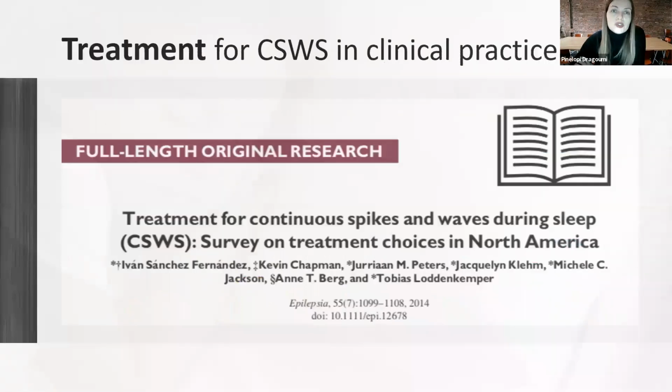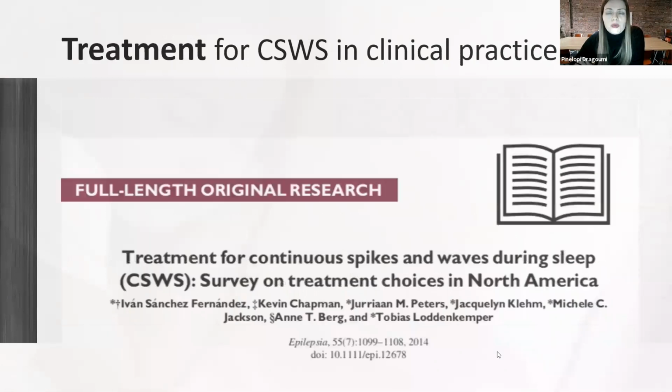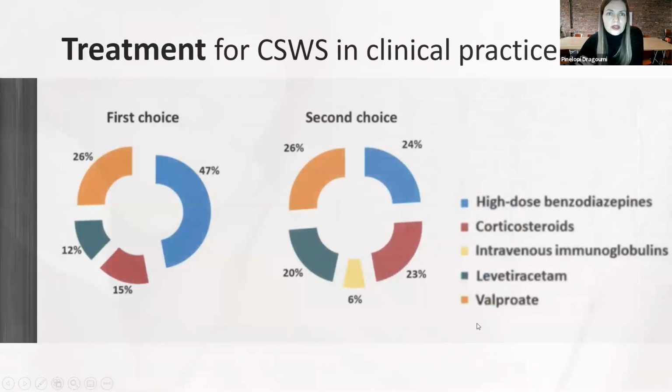How do we try to treat SS in clinical practice? I think you all know that mostly we use benzodiazepines and steroids. There has been a survey that said that the first choice for most adult neurologists would be high-dose benzodiazepines, and the second choice would be valproate.